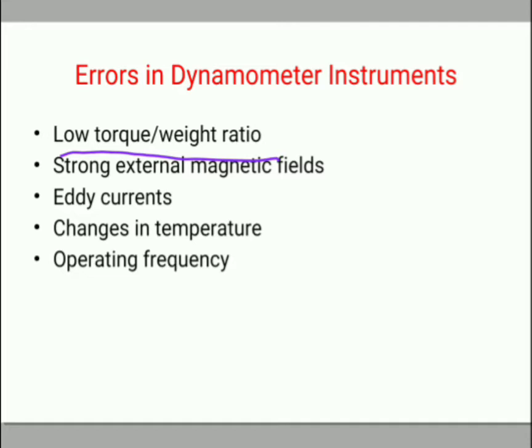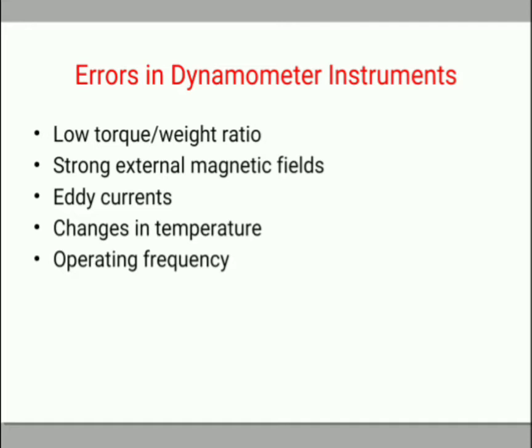The operating magnetic field generated by the air core coils is very small. As a consequence, very few flux linkages per ampere are produced in the moving coil, which in turn yields a low deflecting torque.